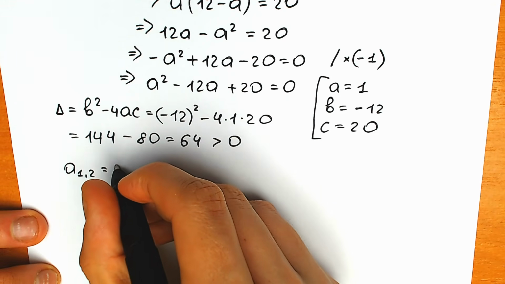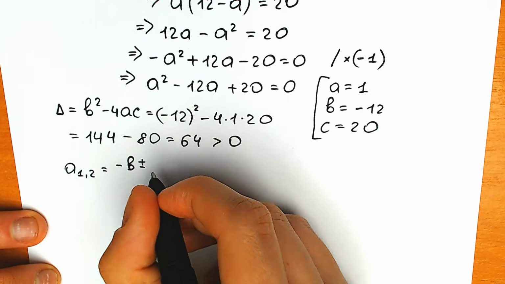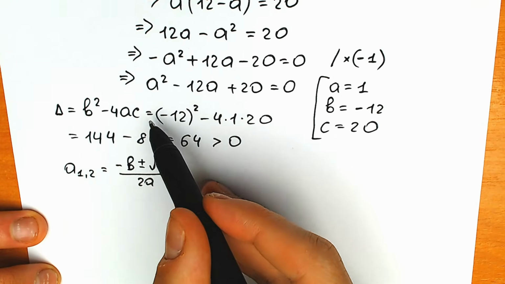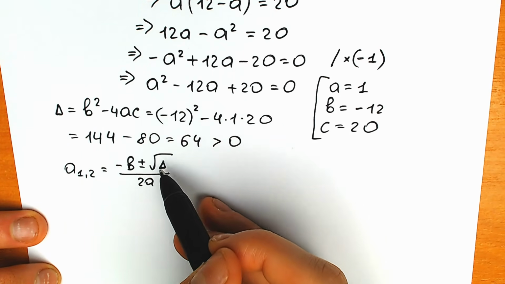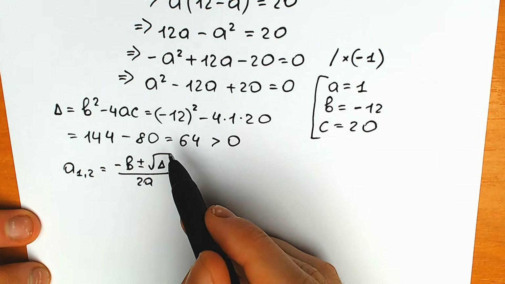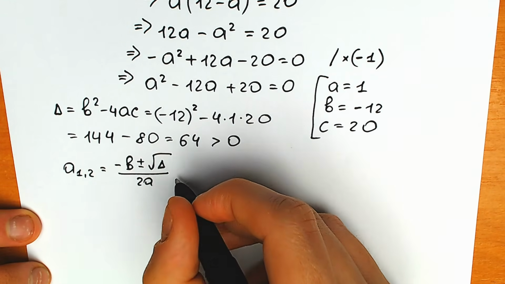So a first and a second equal minus b plus minus the square root of the discriminant, all over 2a. Of course, you can plug in the expression directly, but I prefer solving for the discriminant real quick and then plugging it in.